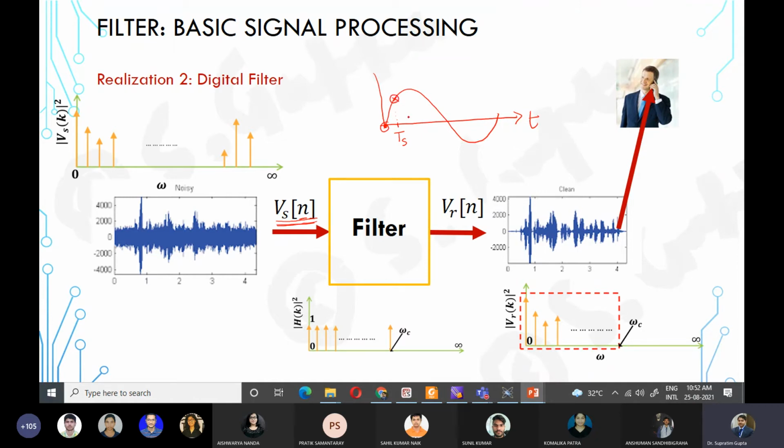Then I take another value at 2 Ts, then at 3 Ts, 4 Ts, and so on.